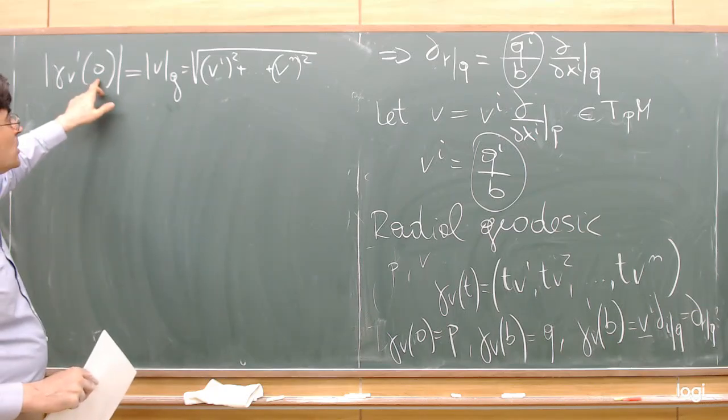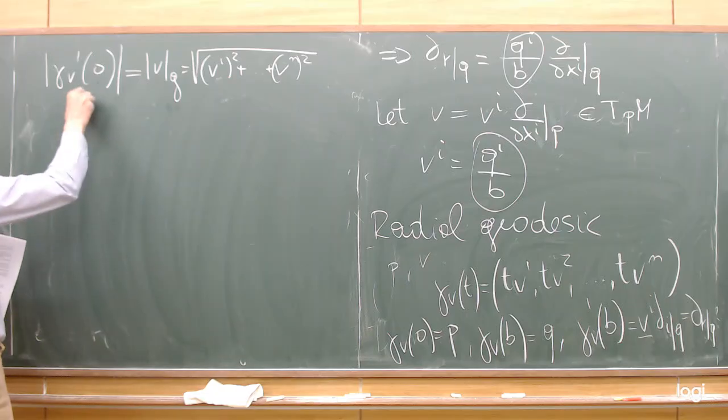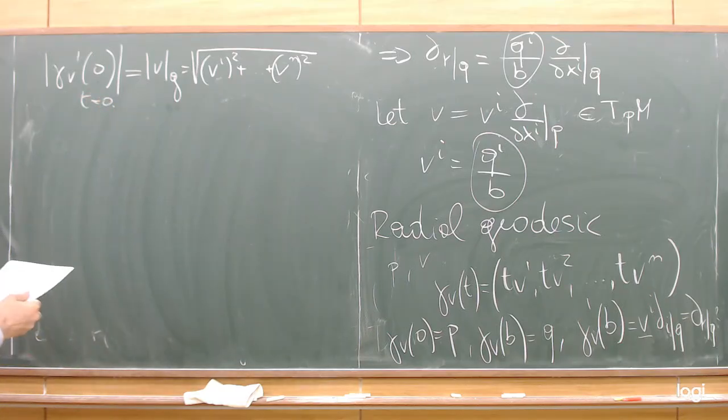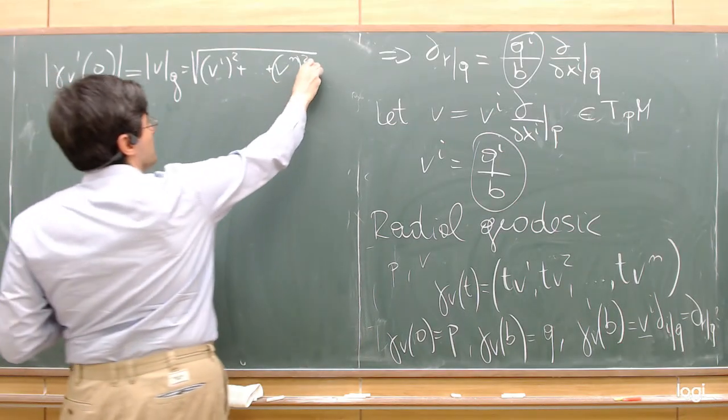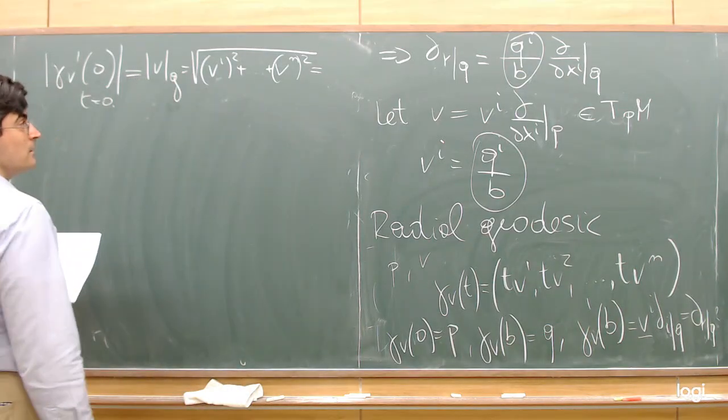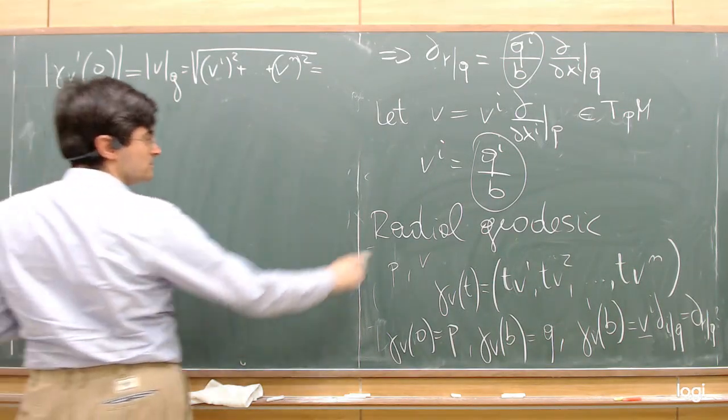We work at the point P because we set t equals 0. And we know what Vi is.